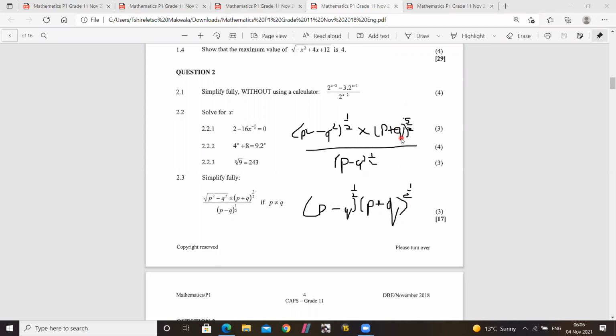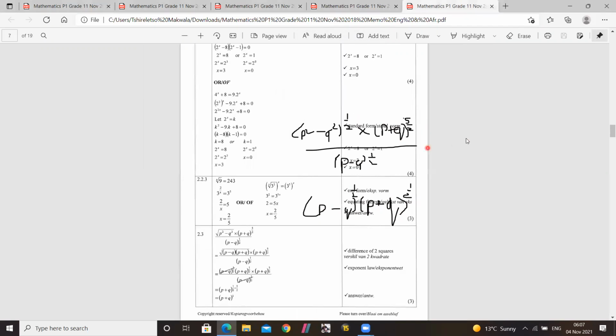So it's going to be p minus q to the power of 3. That's the answer. The bases of these two are the same, so we add the exponents. Half plus 5 over 2, like they did here, equals 3. That's basically question 2.